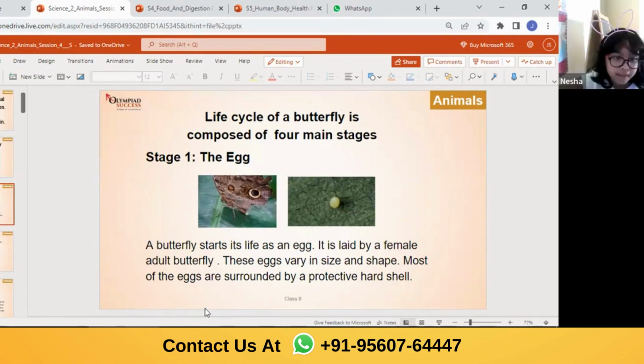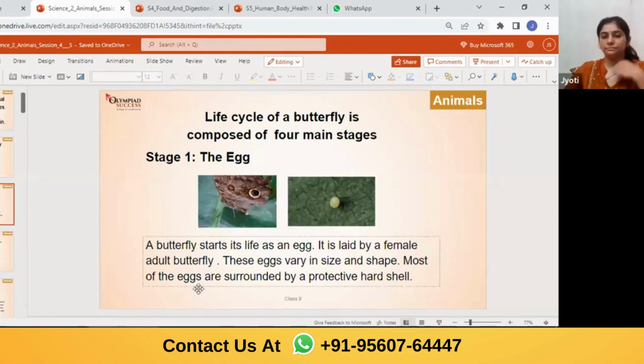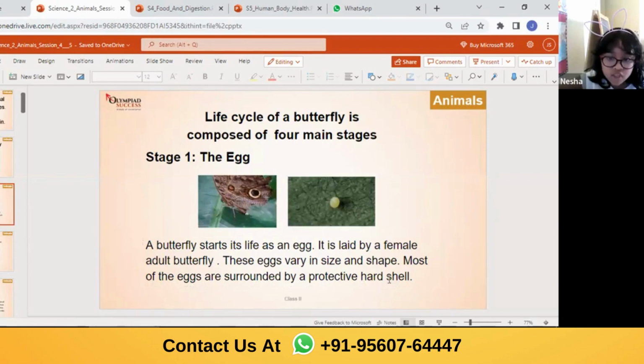A butterfly starts its life as an egg. It is laid by a female adult butterfly. These eggs vary in size and shape. Most of the eggs are surrounded by a protective hard shell.